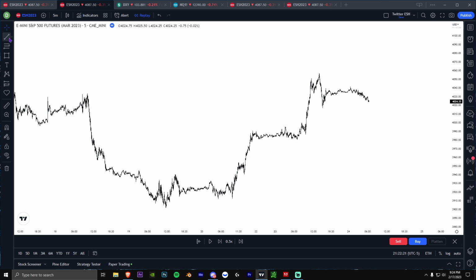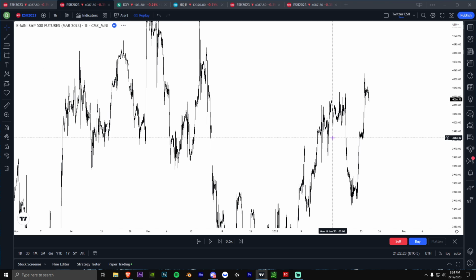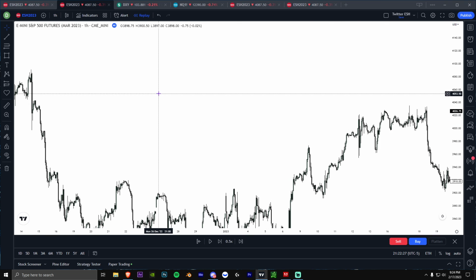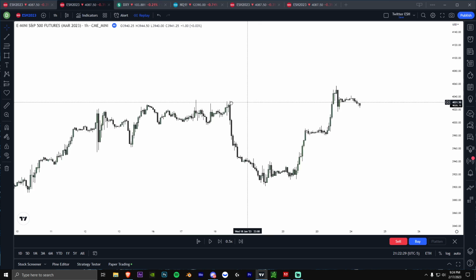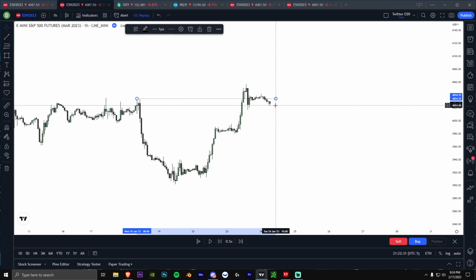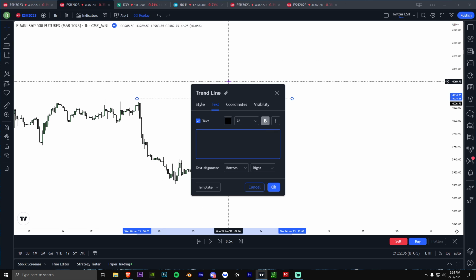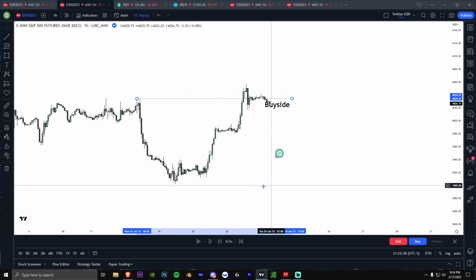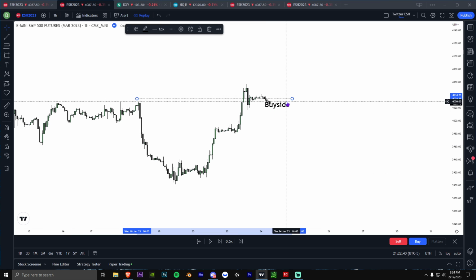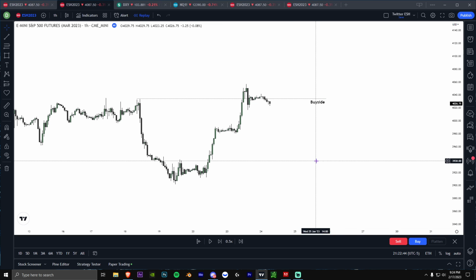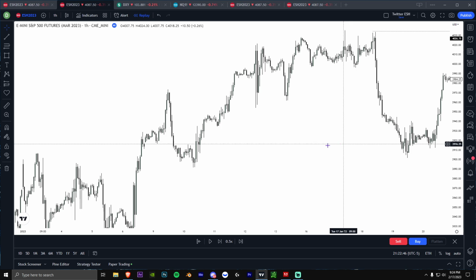So right here on the 1 hourly, what am I noticing here? I noticed we just hit buy side. So I'd probably have a bearish bias here because we just hit this major high. Let me look back a little bit.